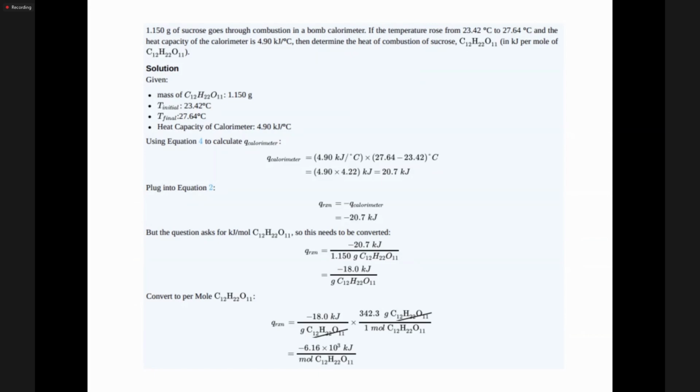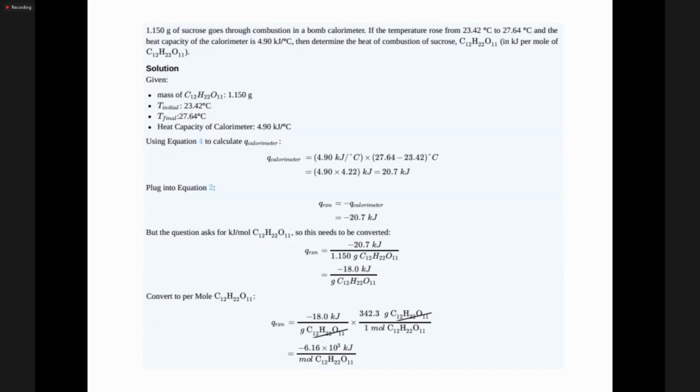The temperature is rising from 23.42 to 27.64 degrees Celsius, and the heat capacity of the calorimeter is 4.90 kilojoule per degree Celsius. Determine the heat of combustion of sucrose, that is C12H22O11, in kilojoule per mole of sucrose.